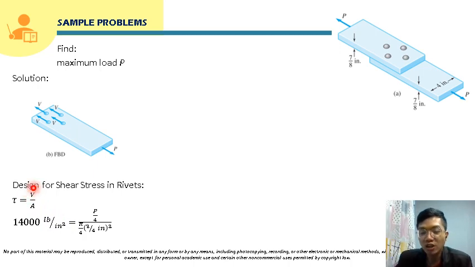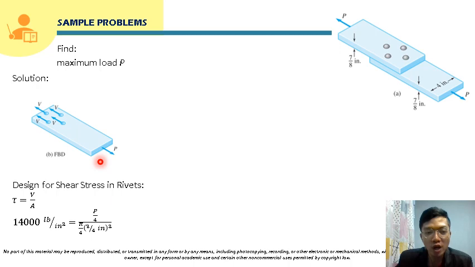The internal shear force here for the rivets, if you are going to consider, let's say, this lower plate, this is the free body diagram of the lower plate. There will be shearing on the 4 rivets here, so the 4 rivets will have shearing forces.